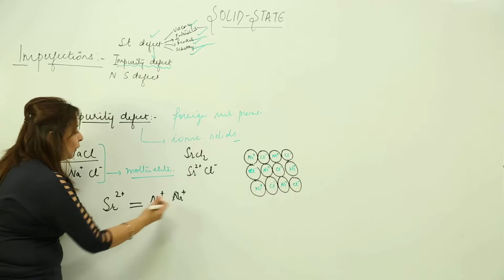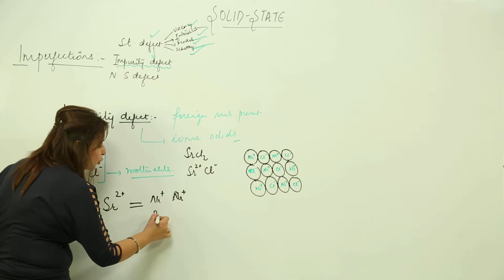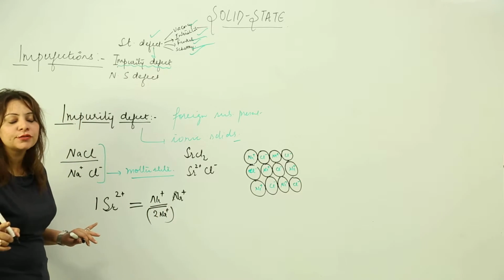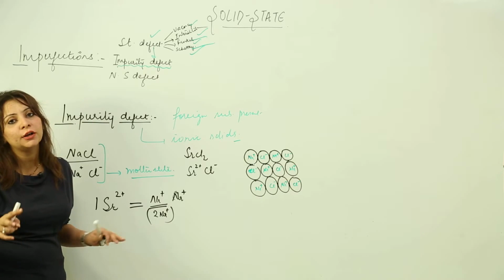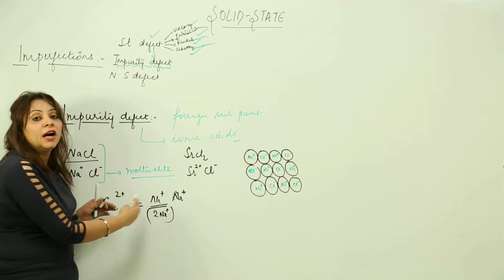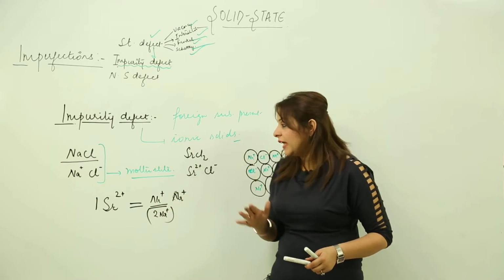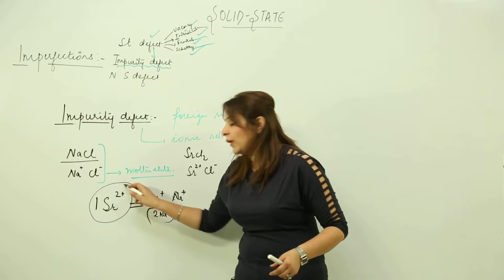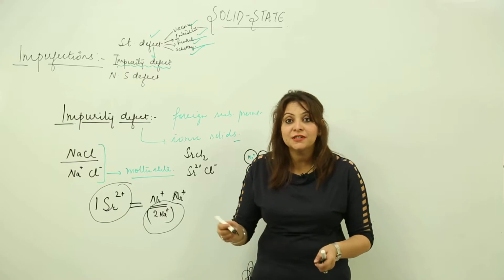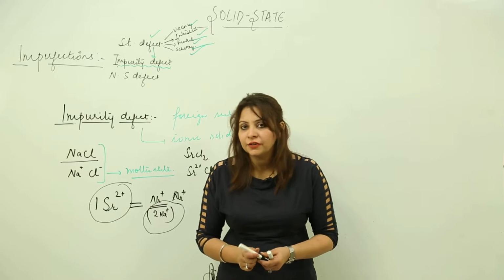So for one strontium ion I will be taking 2 Na positive ions, because one Na has only 1 unit positive charge, so 2 Na positive ions add up to give 2 positive unit charge. That means the net charge is similar on both sides. So the charge of one strontium is balanced by 2 sodium, right. Keep this in mind, because this is the main factor which causes this kind of defect in the crystal.